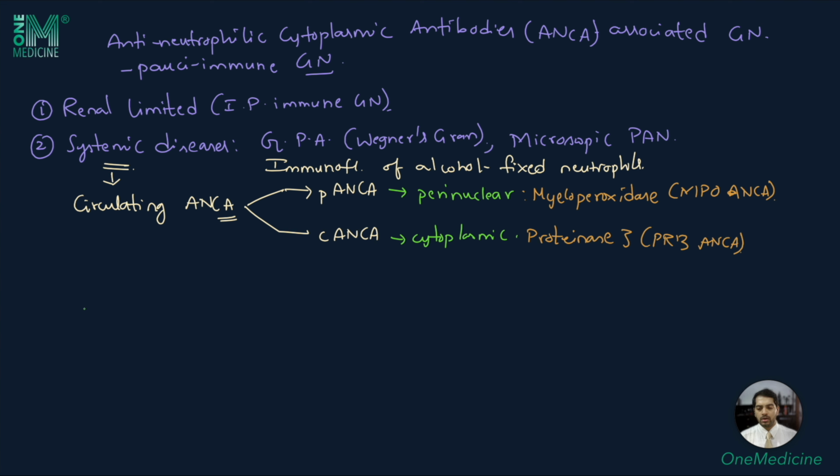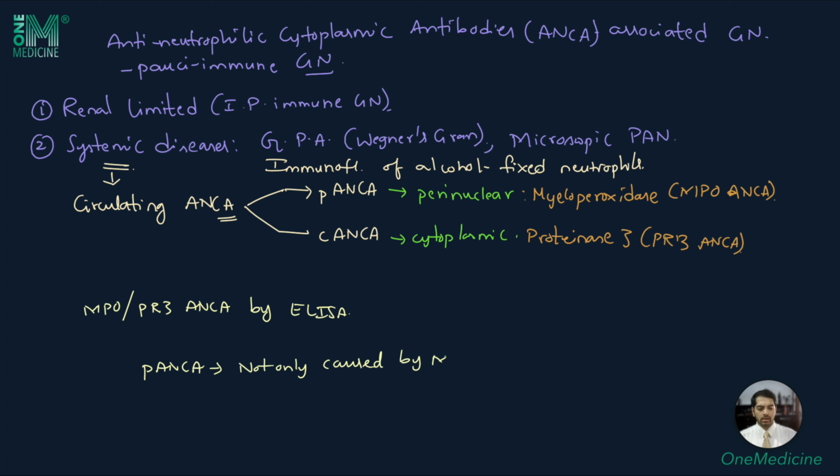It is important to confirm the presence of MPO or PR3 ANCA by ELISA. This is because P-ANCA is not only caused by MPO ANCA; certain other anti-neutrophilic antibodies can also show a perinuclear pattern.